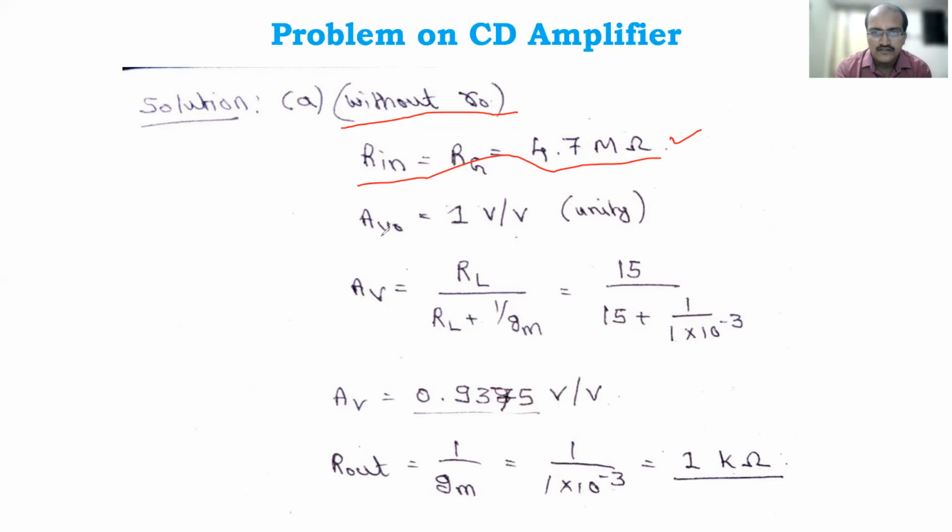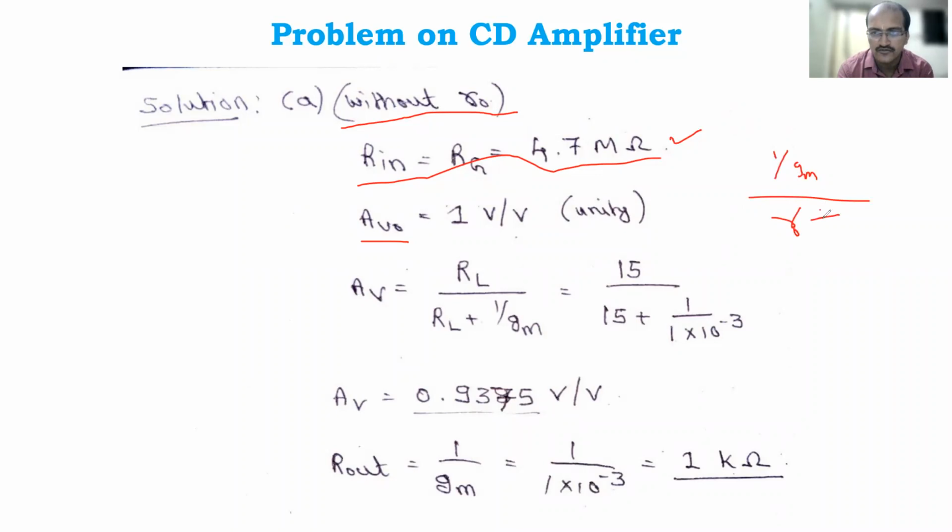Then the open circuit voltage gain. What is the open circuit voltage gain? We told that it is unity for the case of without r naught. We did it in the analysis. What comes there is 1 by gm. The formula is 1 by gm plus r naught, remember that.